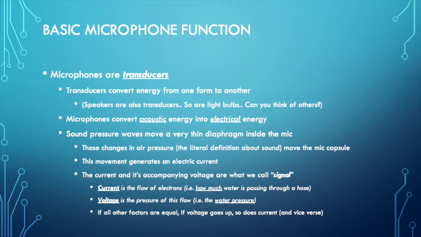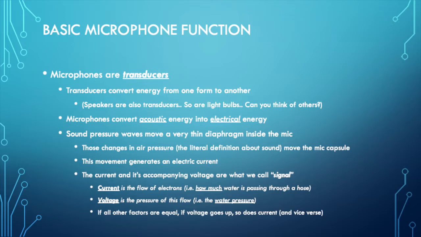And so that change in voltage and the current associated with it, that is what we call the signal. A good analogy for understanding current and voltage is a water hose. The current would be how much water is passing through the hose.